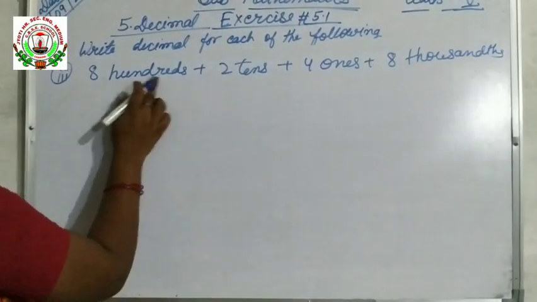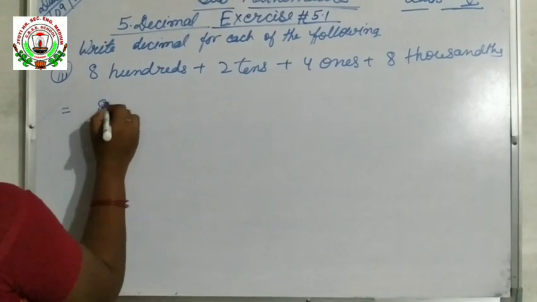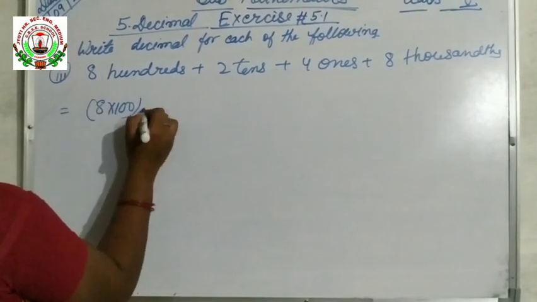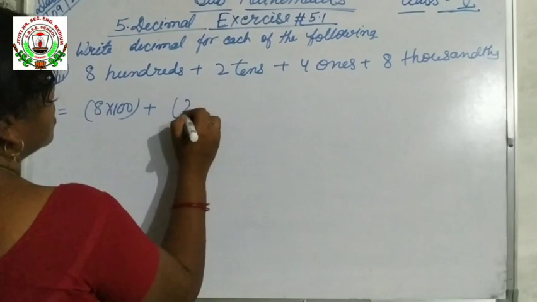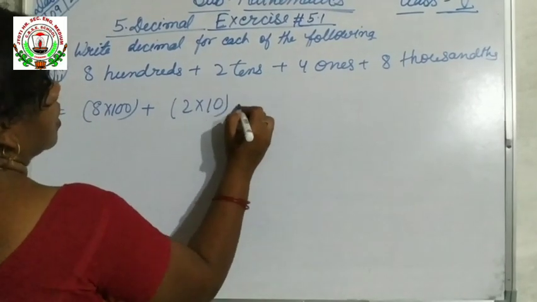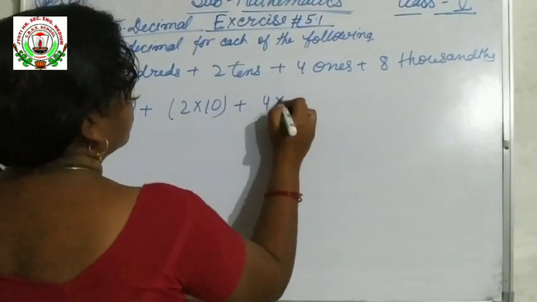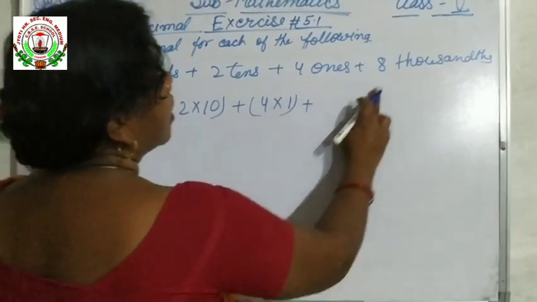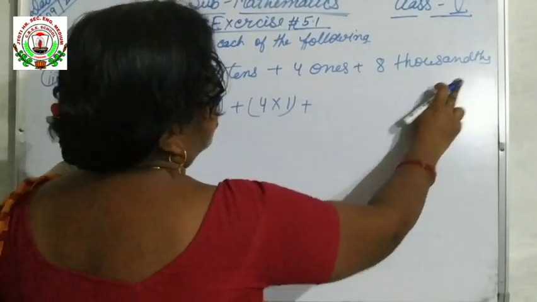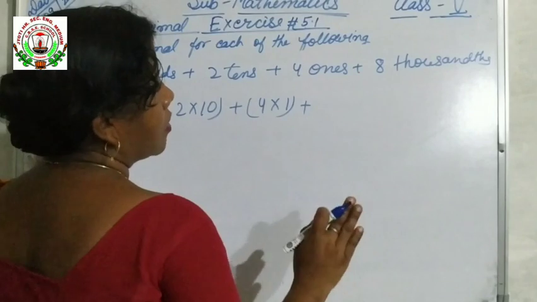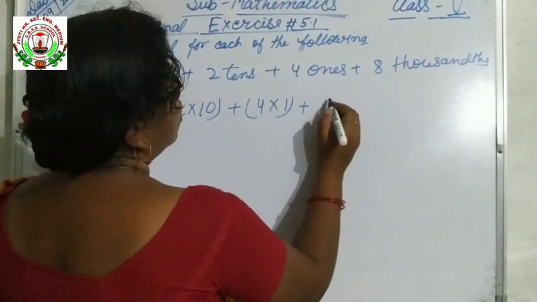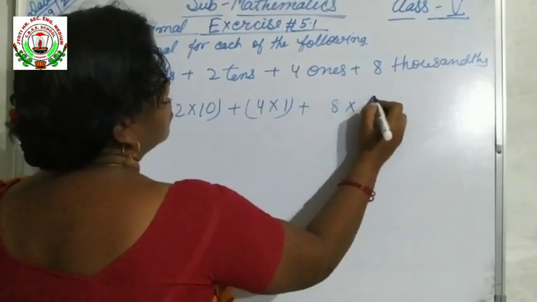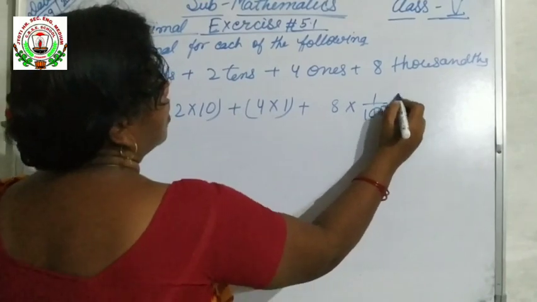Okay, here 8 hundreds, that means 8 into 100, plus 2 tens. 2 tens means 2 into 10, plus 4 ones, 4 into 1. Children, look here, 8 thousands, that means tens and hundreds is not given here. So here 8 into 1000.